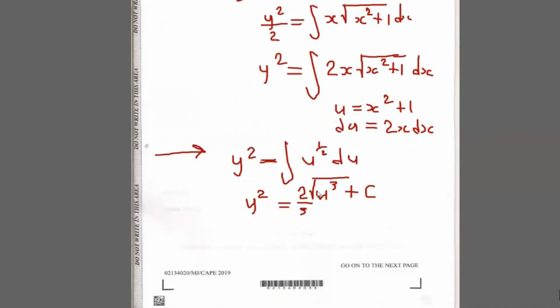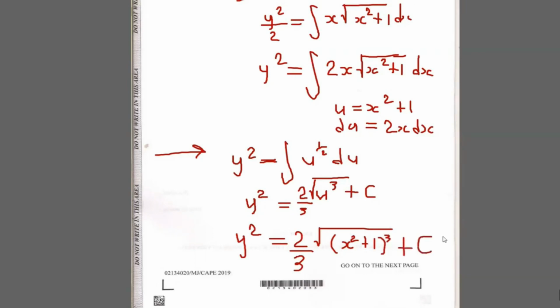What was u? u was x squared plus 1. So y squared is equal to 2 over 3 times the square root of x squared plus 1, cubed, plus some constant c.